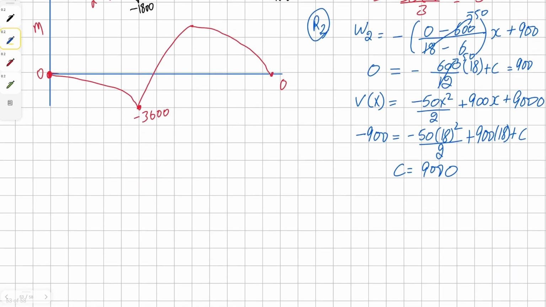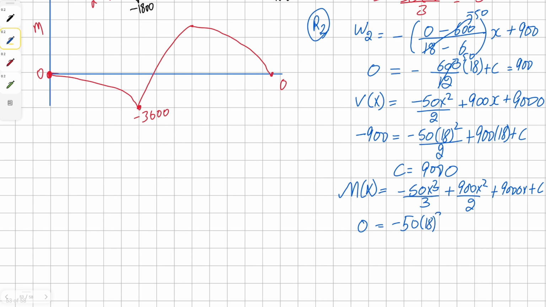Okay, now we can take another integral to find our moment function. So it's going to be negative 50x cubed divided by 3 plus 900x squared divided by 2 plus 9000x plus the constant. To find our constant, again, we know that our moment is going to be 0 when x is 18.